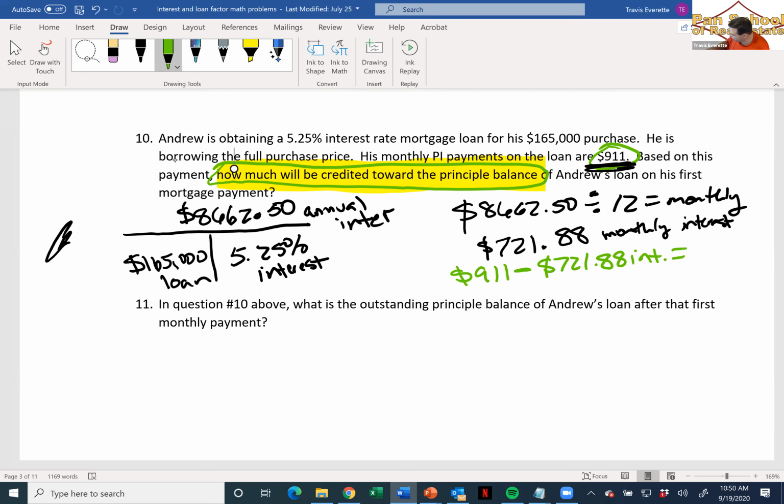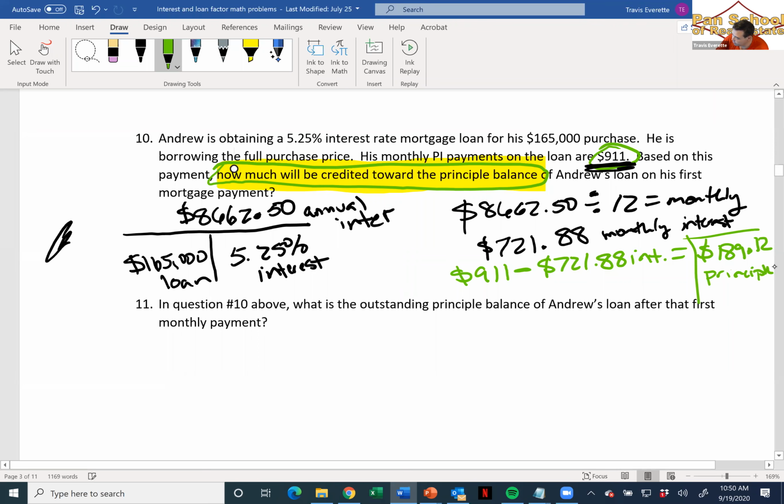That leaves us with $189 and about 12 or 13 cents that's going toward the principal. How do we feel about that?